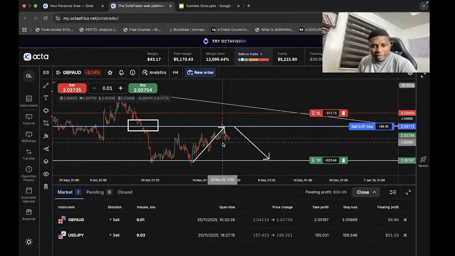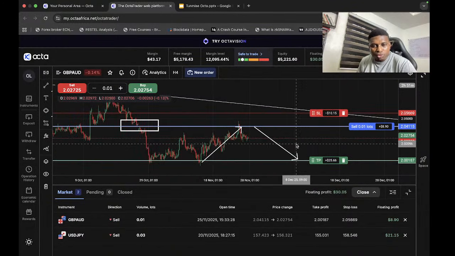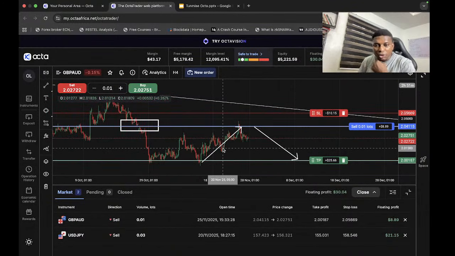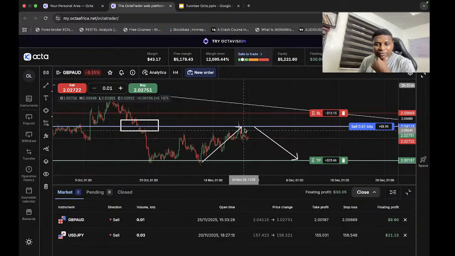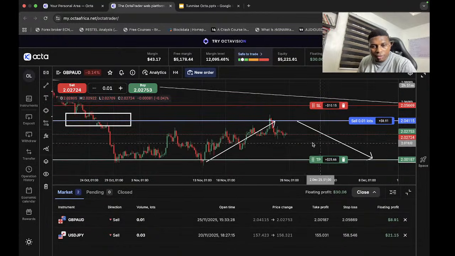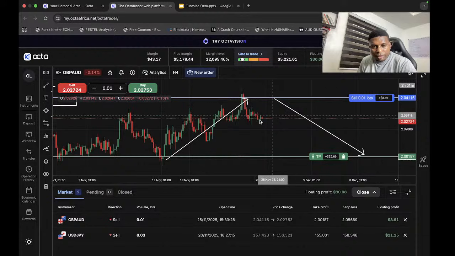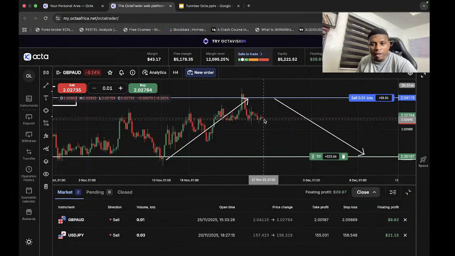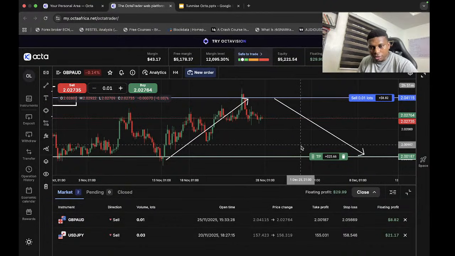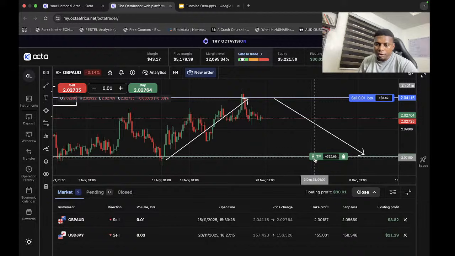The first thing we did was to identify levels of support and resistance, after which we saw that the price was at a major resistance zone, and we expected a pushback where our price would go as far down as this level.